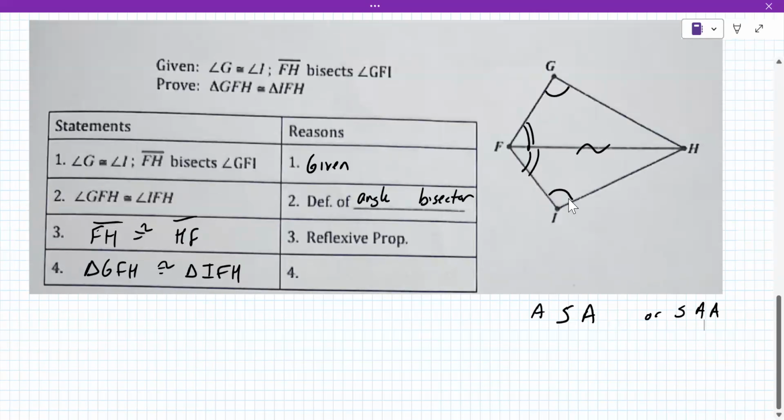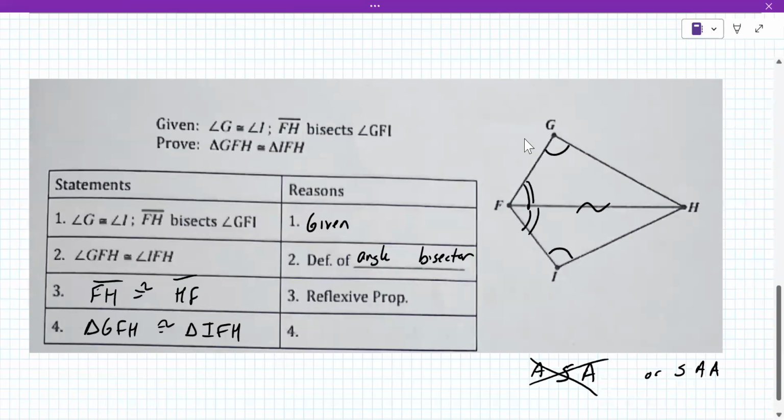It's the order, like just kind of map around the triangle. Imagine you're walking around it. What would the order be? Angle. Or going the other way is fine too. Side angle angle. Yes, it's either SAA or AAS, but it's not this one.